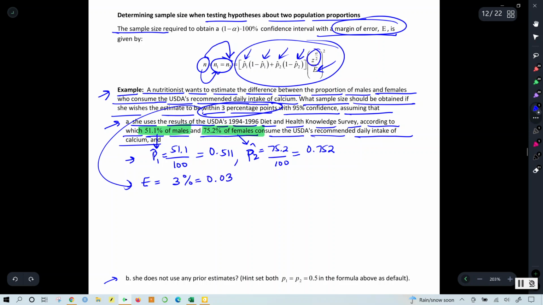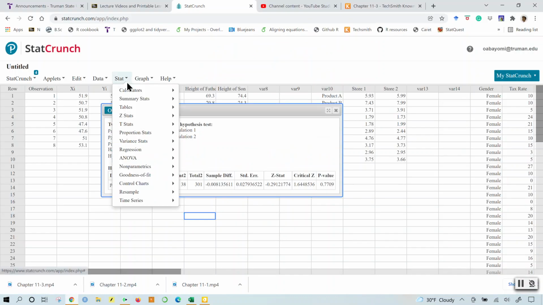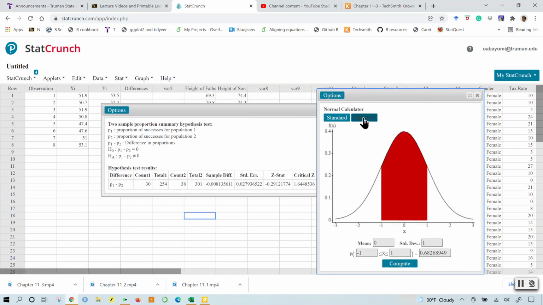Then we need Z of alpha over 2. We want 95% confidence, so 95% goes in the middle, and we want the values here or here. So how do we do that? We go to StatCrunch. In StatCrunch, you go to calculators, go to the normal calculator, and choose between.